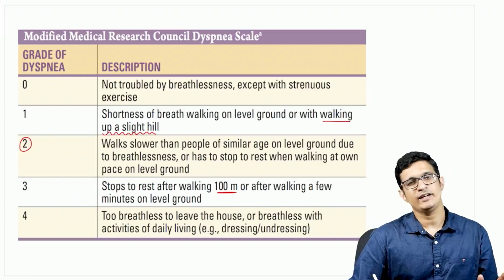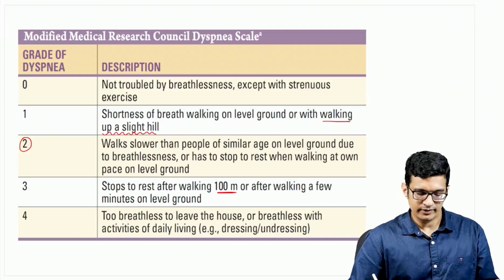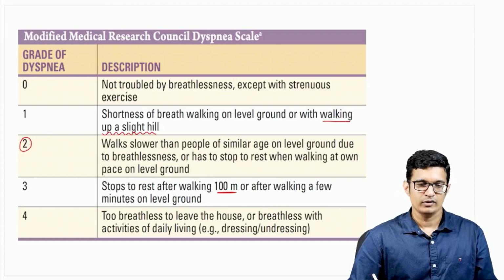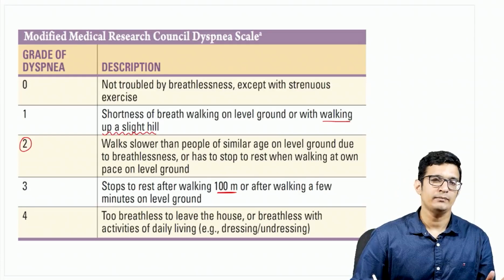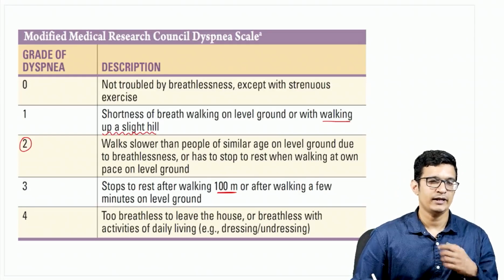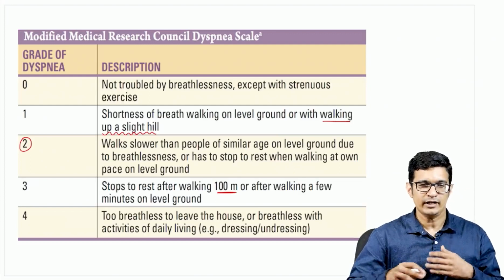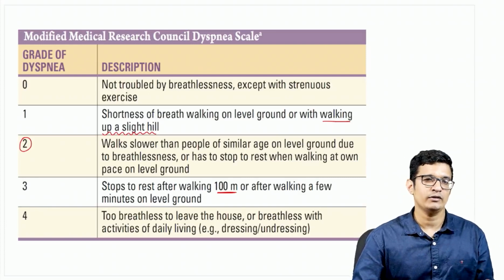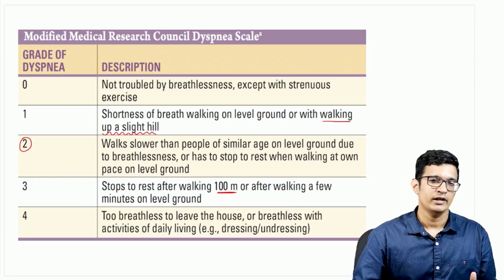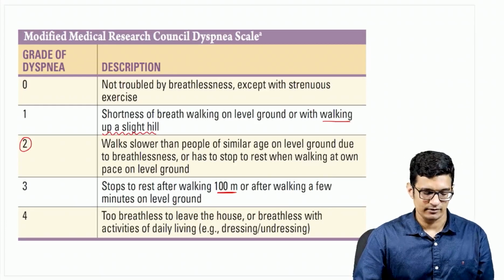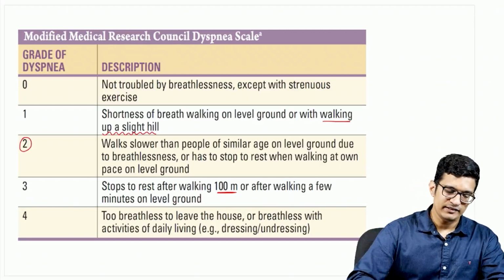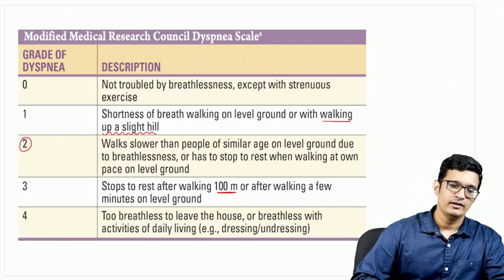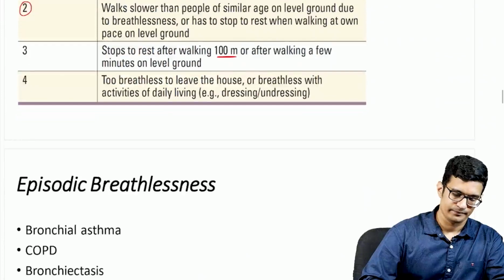And MMRC grade 4 is breathlessness even at the time of rest and while doing simple activities of daily living, like trying to put on your dress, trying to eat, trying to go to the toilet, and even at rest if you are having breathlessness, it is MMRC grade 4 breathlessness. Okay, so this is the MMRC grading of breathlessness.